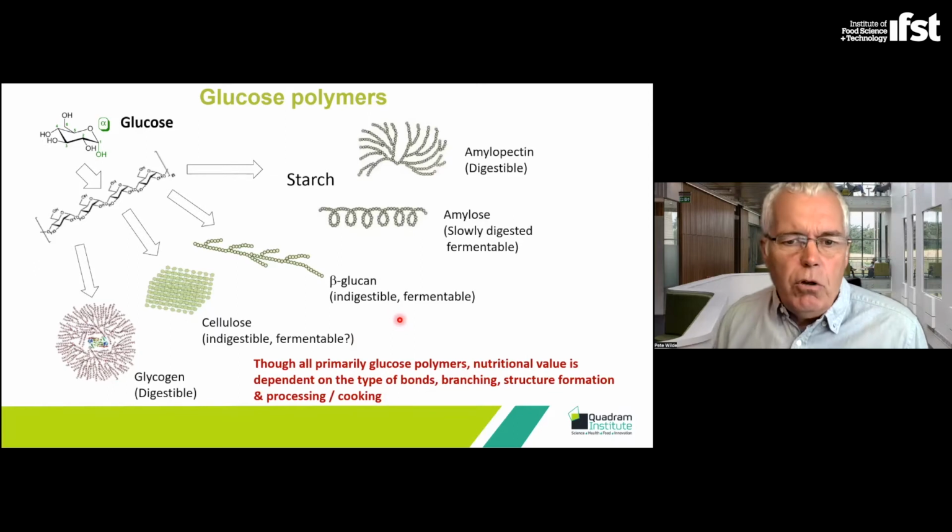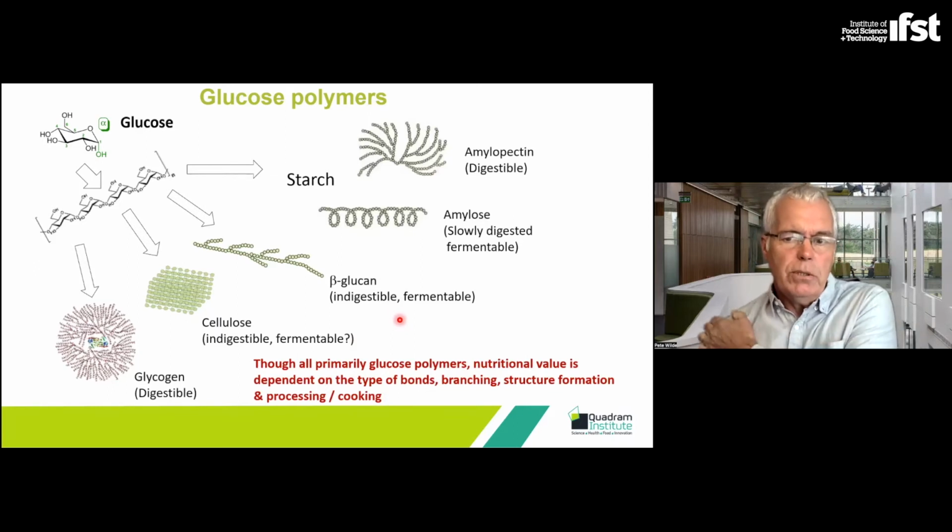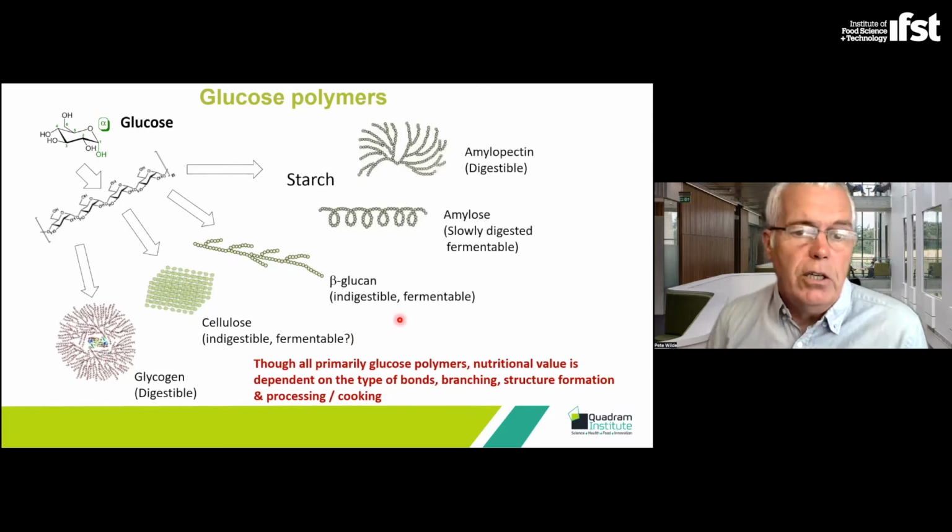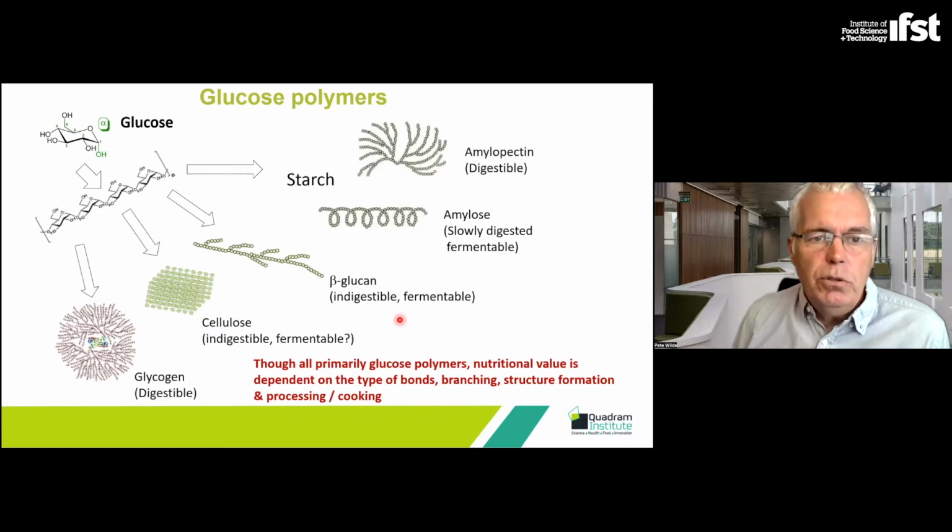So although these are all primary glucose polymers, their nutritional value is dependent on the type of bonds between the individual glucose units, the degree of branching, what sorts of structures it forms, and how that's affected by processing and cooking.